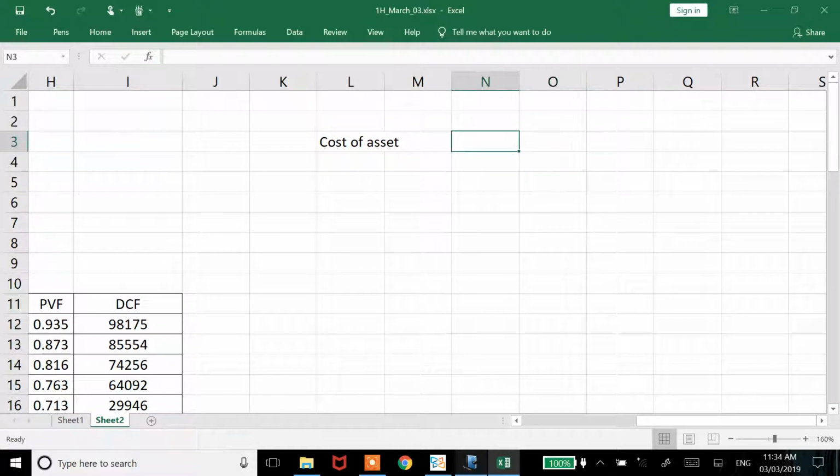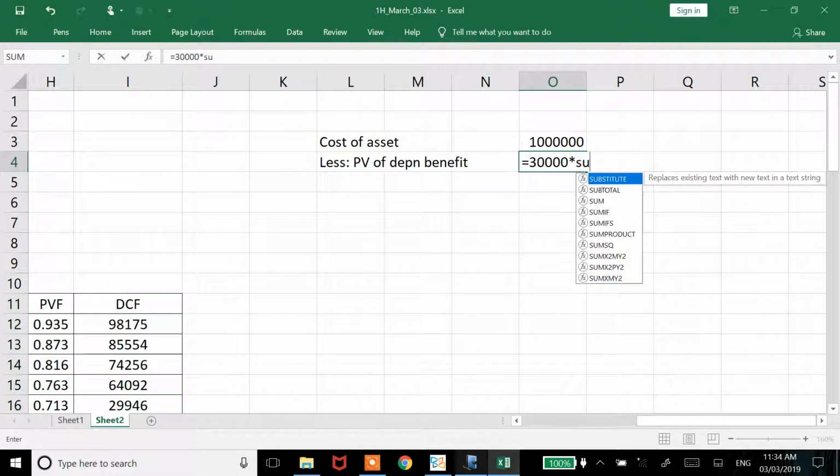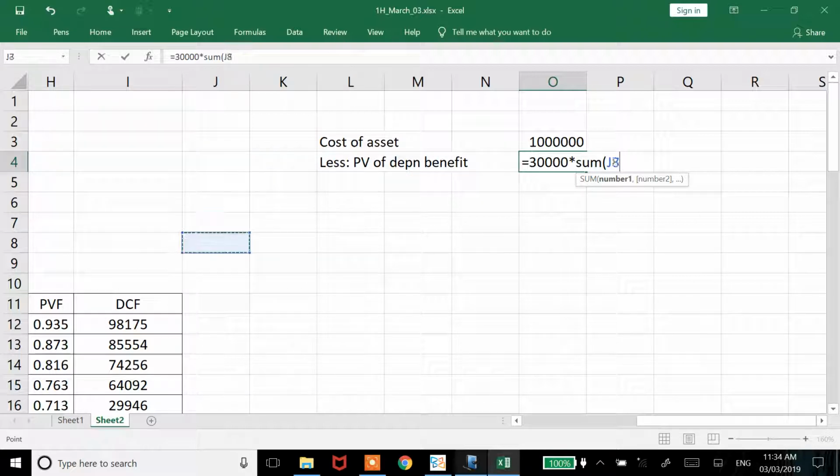What is the cost of asset in this case? 10 lakhs, less present value of depreciation benefit. The depreciation benefit is 30,000 every year. 1 lakh was the depreciation, 30,000 is the benefit. 5-year benefit you get.